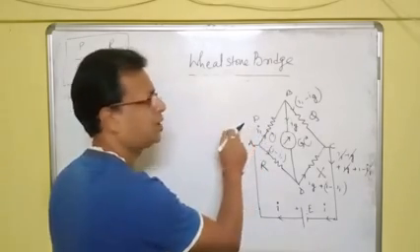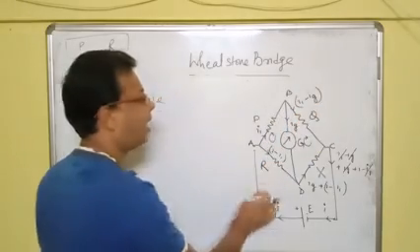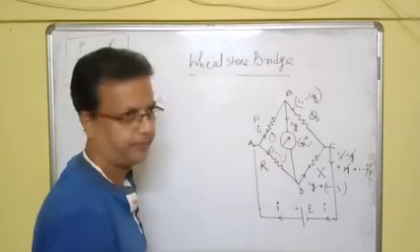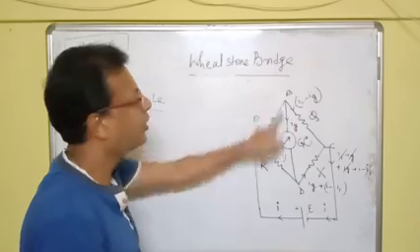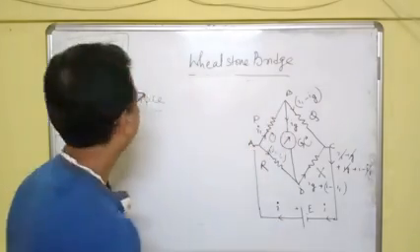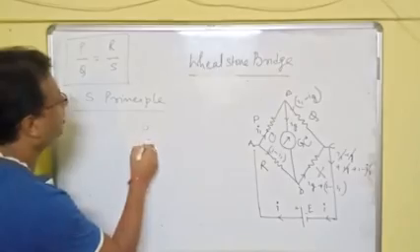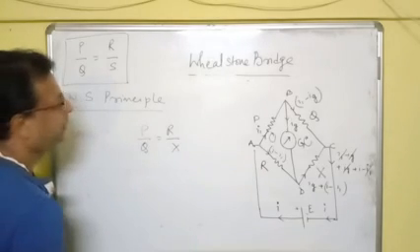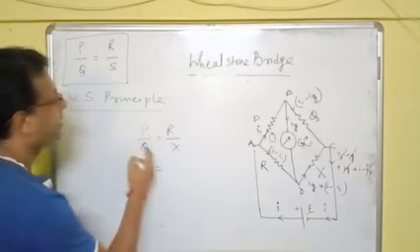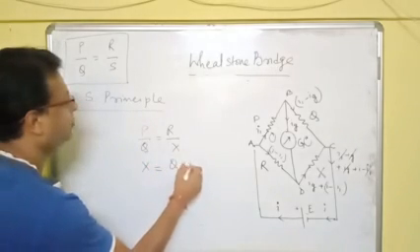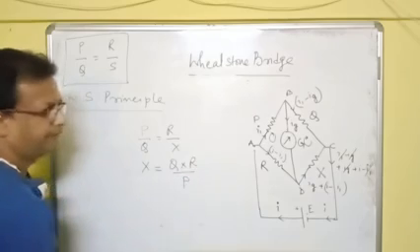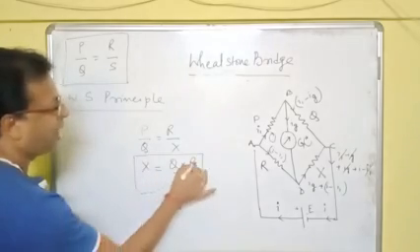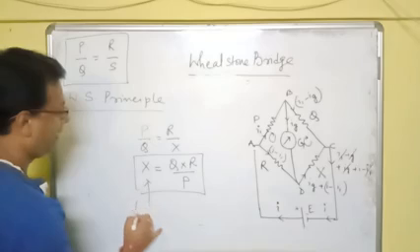If we adjust the resistances P, Q and R in such a way that the bridge is balanced, in other words, no current flows through the galvanometer, then we have P by Q is equal to R by X. In other words, X is equal to Q into R divided by P.